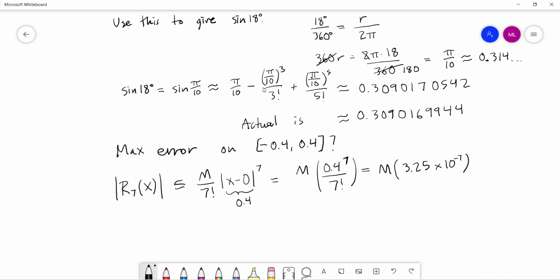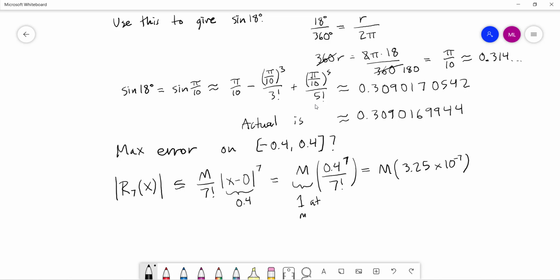And if you think about the derivatives of that, you're going to get more sines and cosines. What is the biggest a sine or cosine function could be? Because we're taking the 7th derivative of sine, and that'll get us back to either a sine or a cosine with a plus or minus sign on it. What's the biggest that could possibly be? 1.